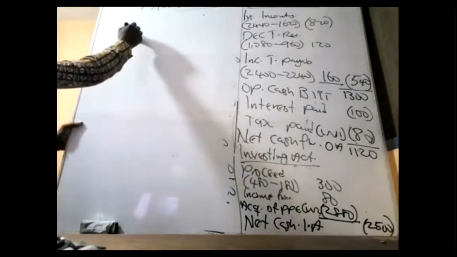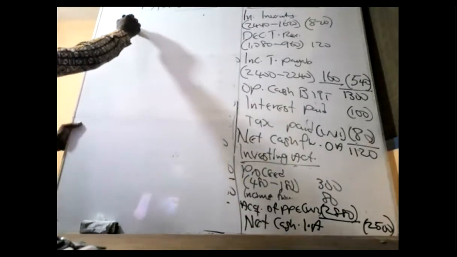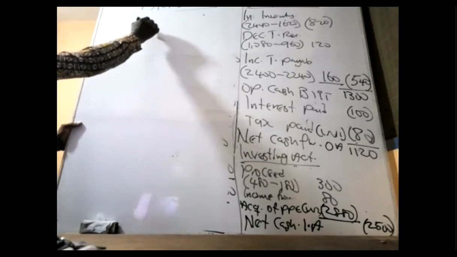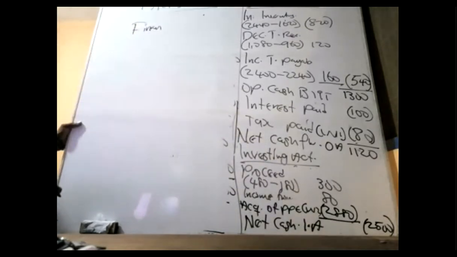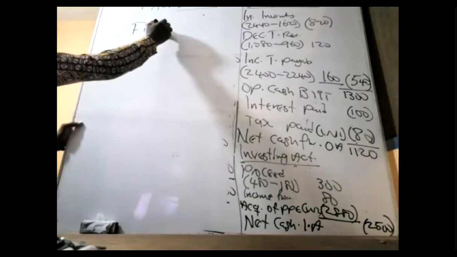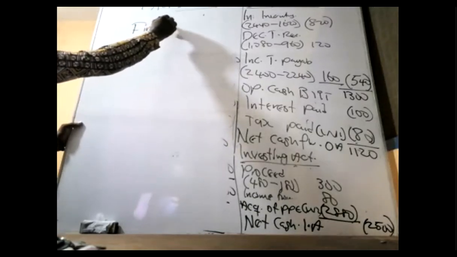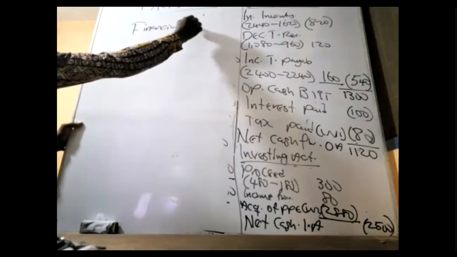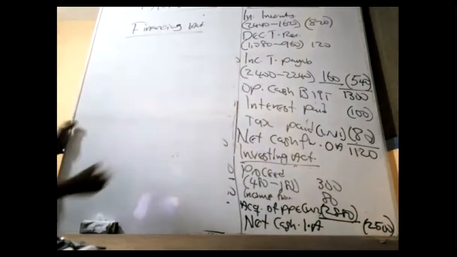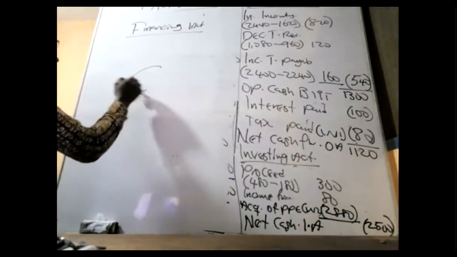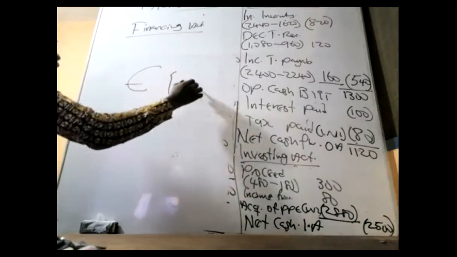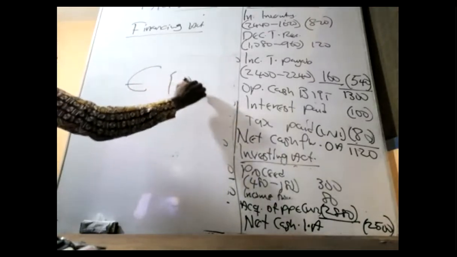So right here, cash flow from financing activity. First thing, I need to check equity and non-current liability, that is all.